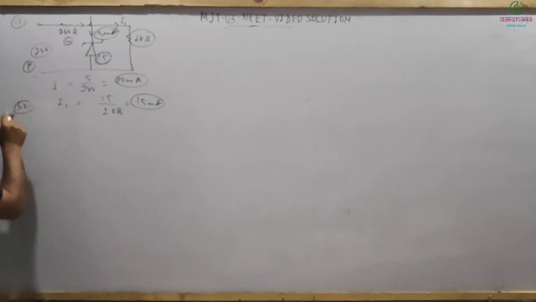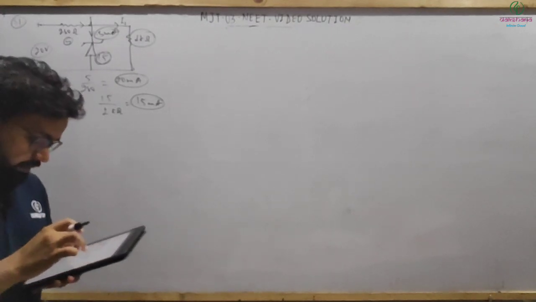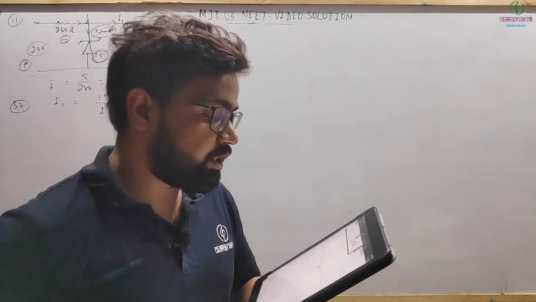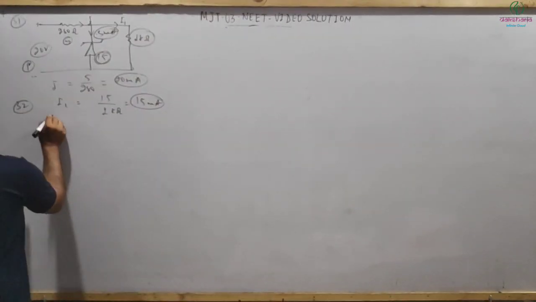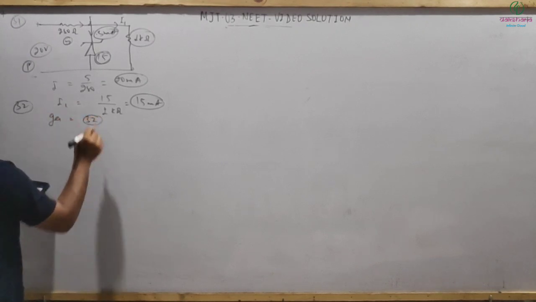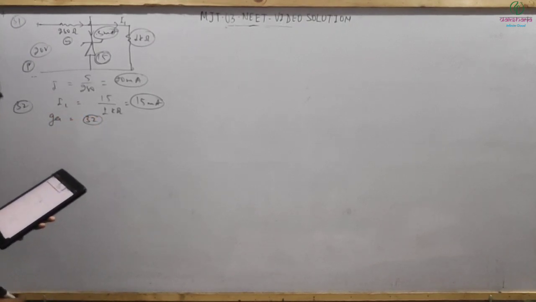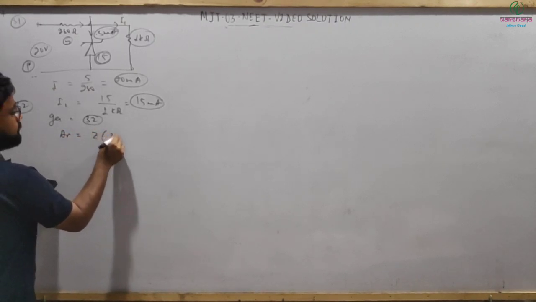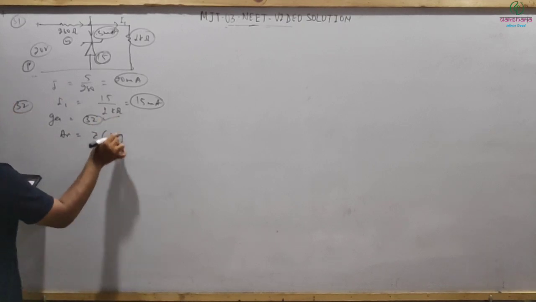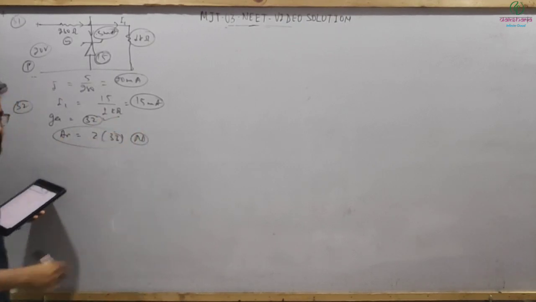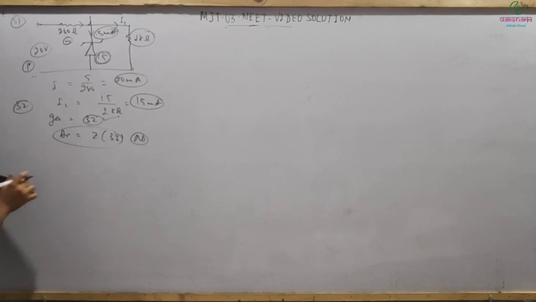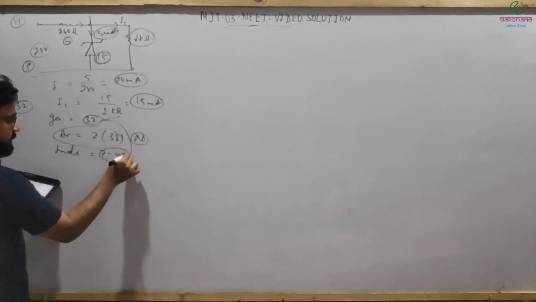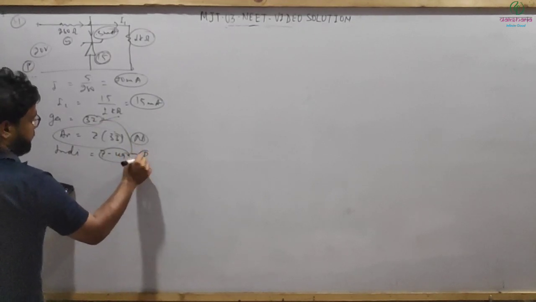Question number 32. Here a semiconductor X is made by doping a germanium crystal, germanium that means atomic number 32, with arsenic, Z equal to 33. So it's basically n-type because pentavalent, and Y with indium, that is Z equal to 49, it is actually p-type.